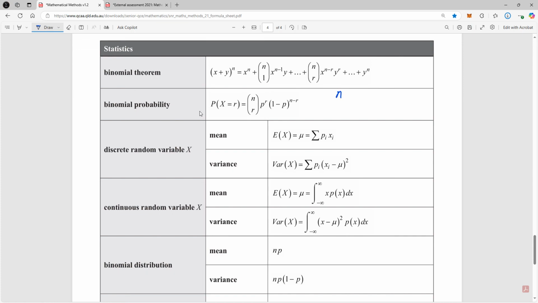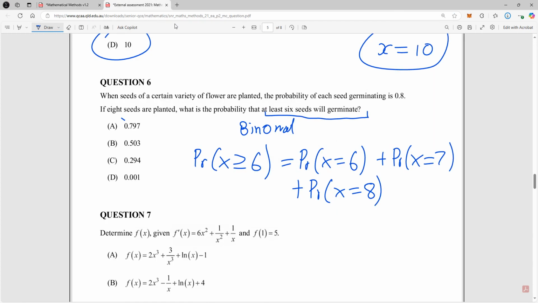Here n is your number of trials, so in this case there's 8 in total. R is whatever the value is, so if it was x equals 6, r would be 6. P is the probability of the favorable thing, so if it's germinating, the probability is 0.8. And the rest is just the formula. You'd have to do that for each of them.